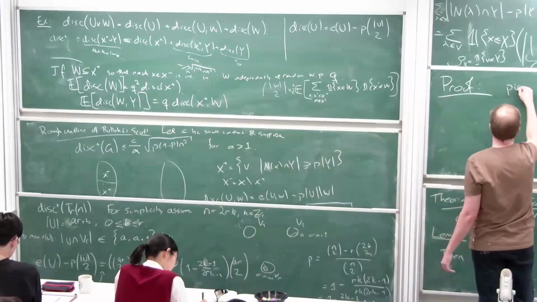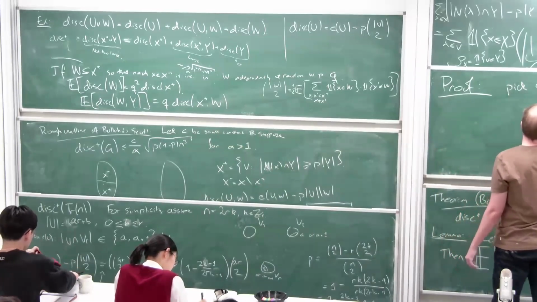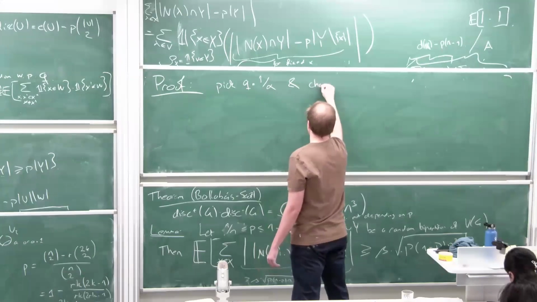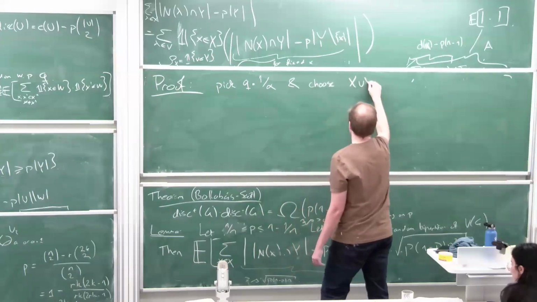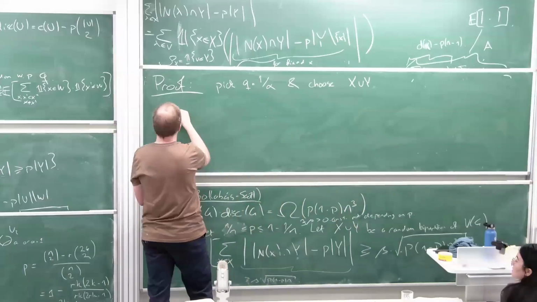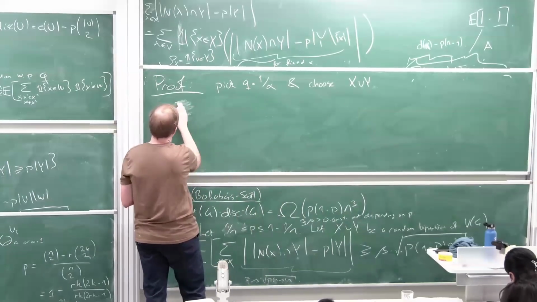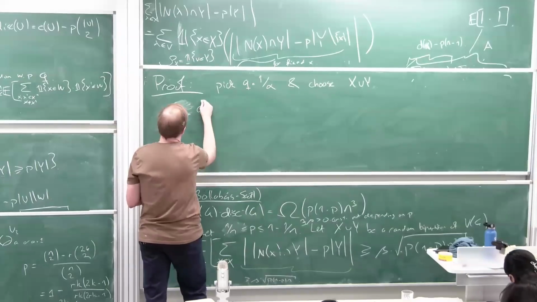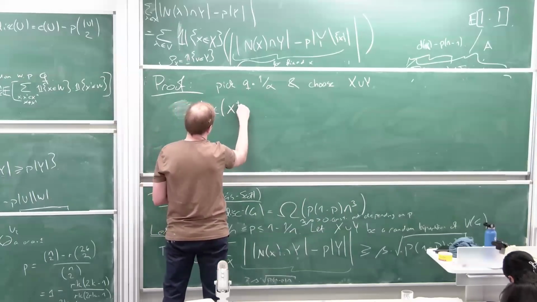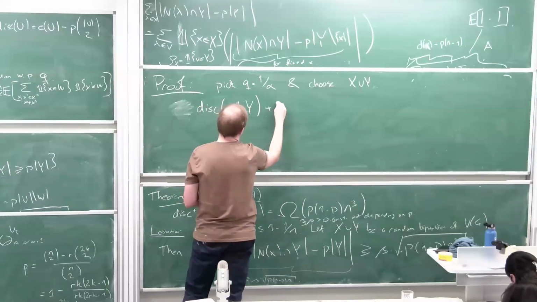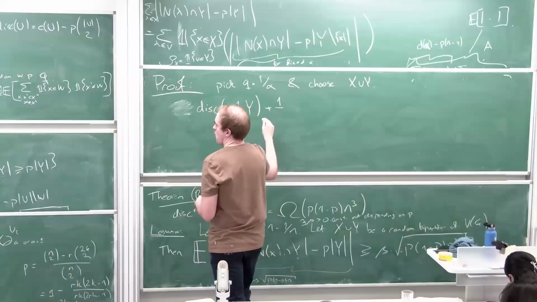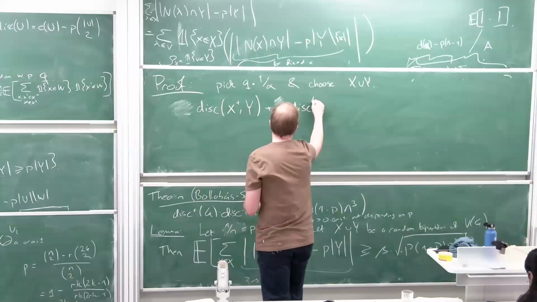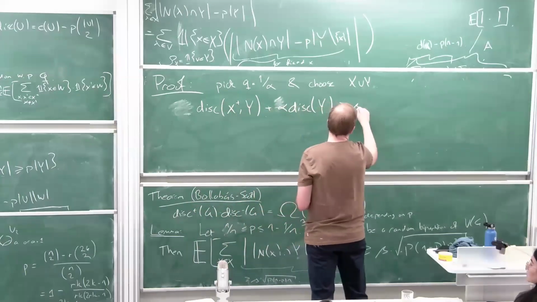So we pick q to be 1 over alpha and choose x union y at random so that the discrepancy of x plus y plus alpha times the discrepancy of y is at least b times the square root expression.